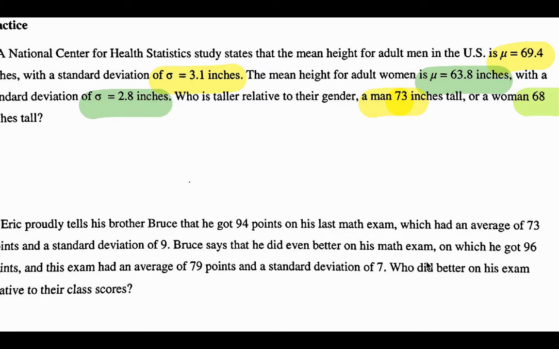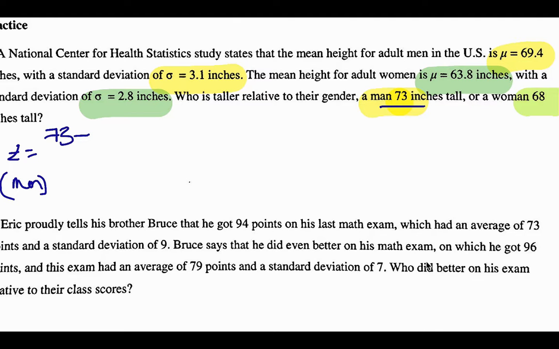So we're going to do 2 separate problems here. Yellow was a bad choice, so we'll do blue instead of yellow for our writing. We are going to say that our Z-score for our man, our X value, that's what comes first in our formula, he is 73 inches tall.